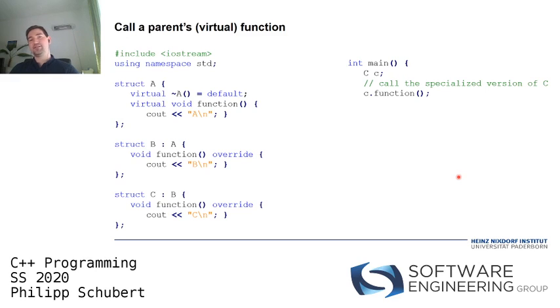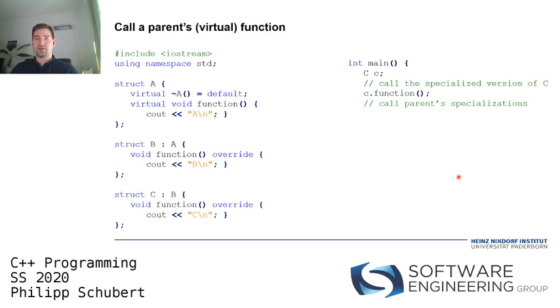If we call that member function, C will be printed because the allocated type is uppercase C, and therefore C's specialization of that function is being called, which again prints C to the command line.